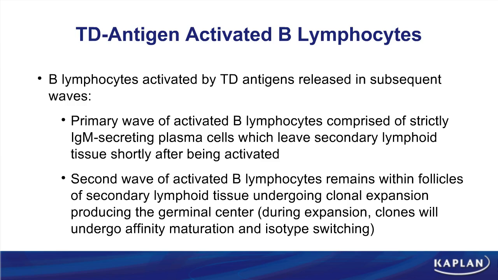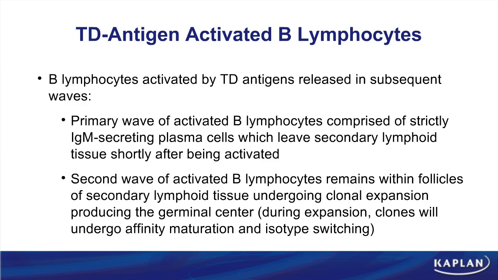So the memory cells that stick around are going to be much better at binding antigen. But again, this is the second wave. This is now going to involve antibody isotypes that have undergone class switching. In the next couple slides, we're going to talk about this process of affinity maturation, and then we will finish up by talking a little bit about class switching.